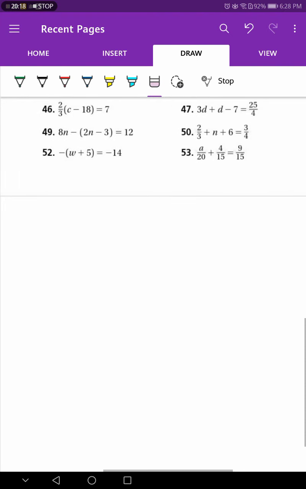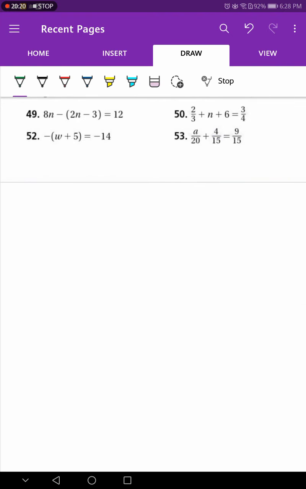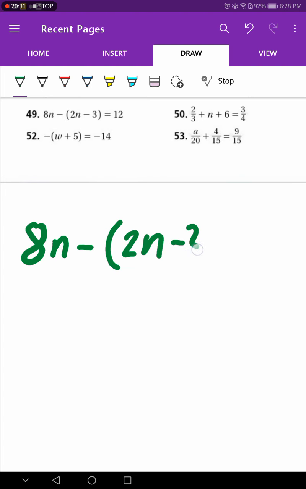Now let us take number 49. It is 8n minus (2n minus 3) equals 12. Now how can I break the parentheses here? This is very important.